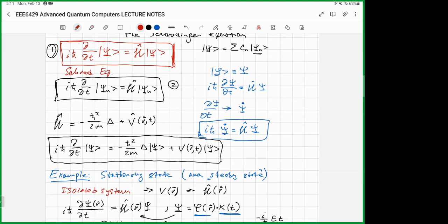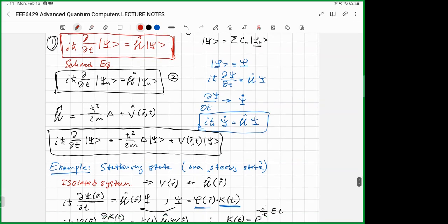Basically, when we describe a quantum system, we first come up with, construct, or try to guess the Hamiltonian operator of the system, and then basically do the simulation by calculating, or numerically calculating, this Schrödinger equation.